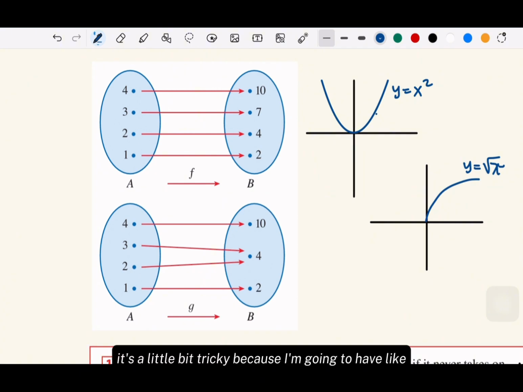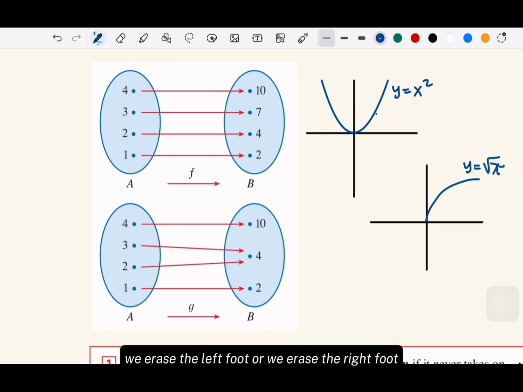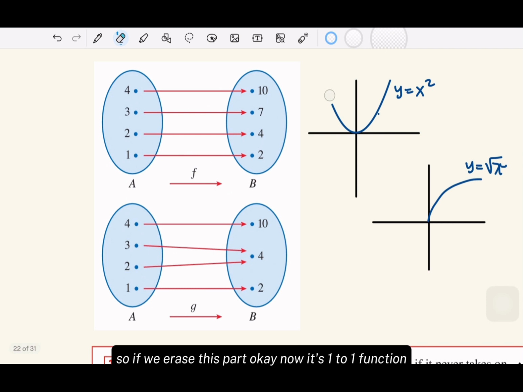It's a little bit tricky because I'm going to have a definition, but now I think it's very clear. This one is not one-to-one, but we can make it one-to-one. Okay, we erase the left part or we erase the right part, it's one-to-one, right? So if we erase this part, now it's a one-to-one function.